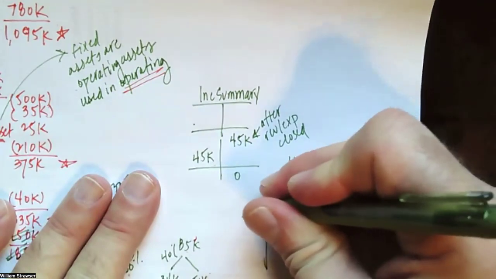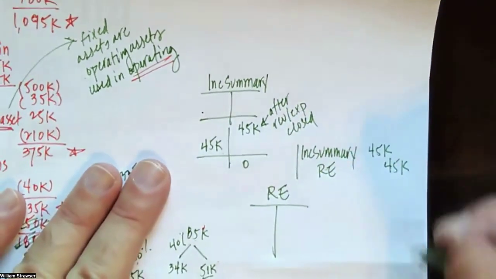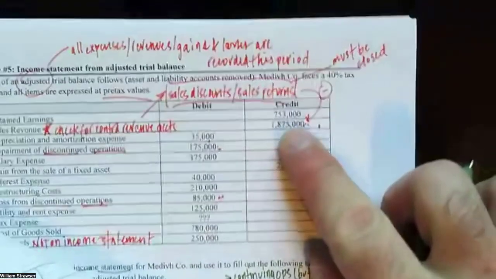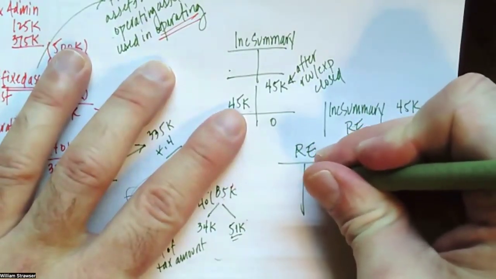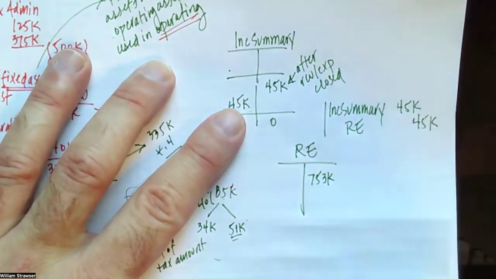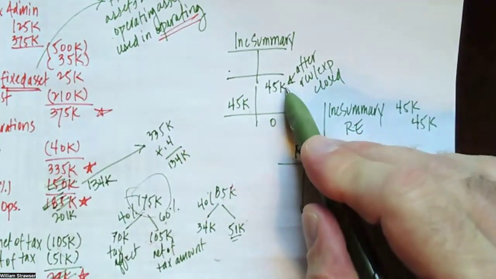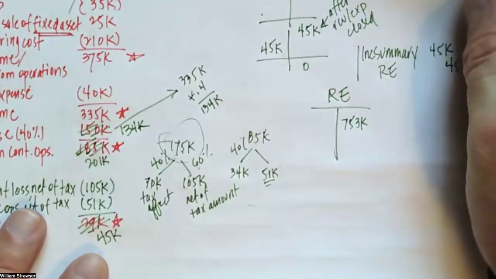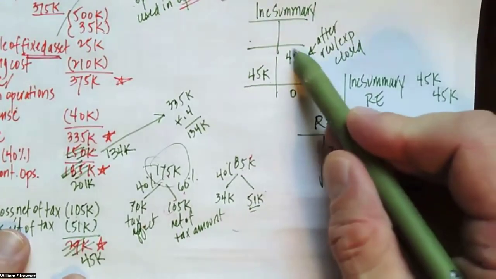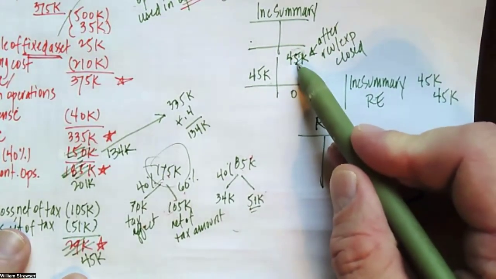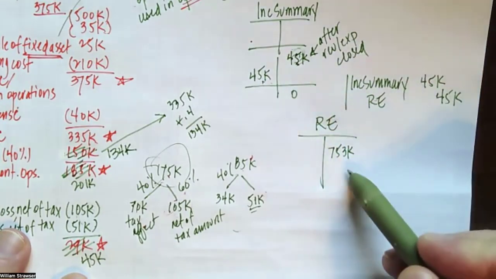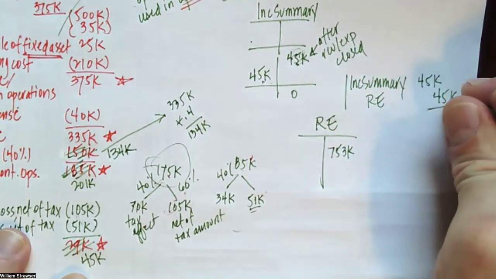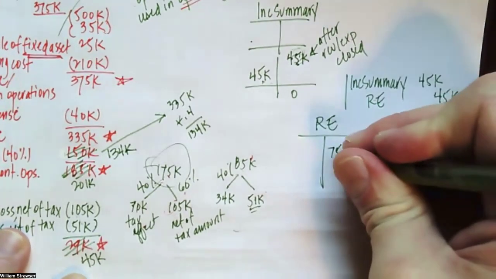And so with a retained earnings T account, really you have a beginning balance, which is given to you here, 753. And since we had net income, not a net loss, but we had income of 45,000, that would be a credit in the income summary, closed with a debit, and then credited to retained earnings.